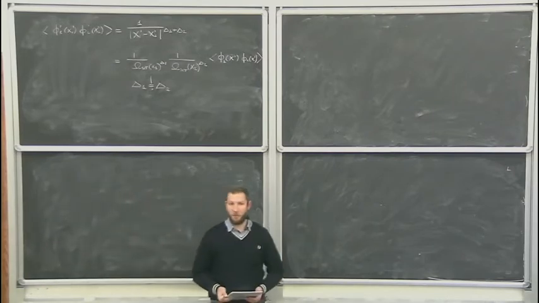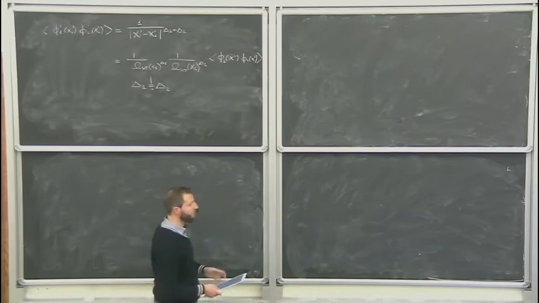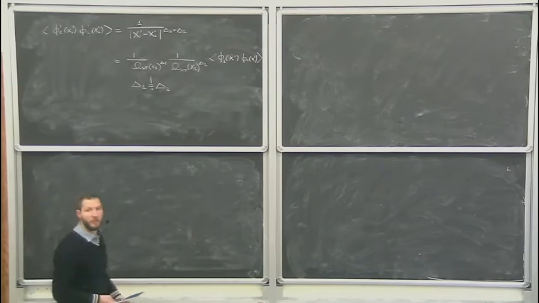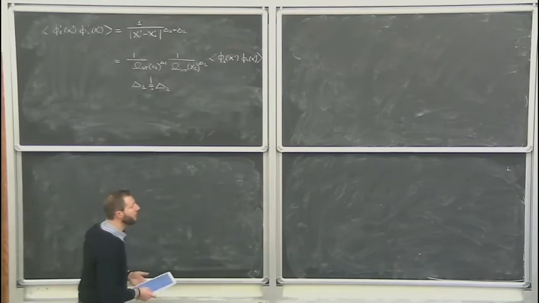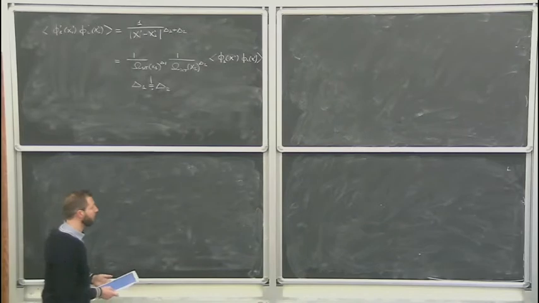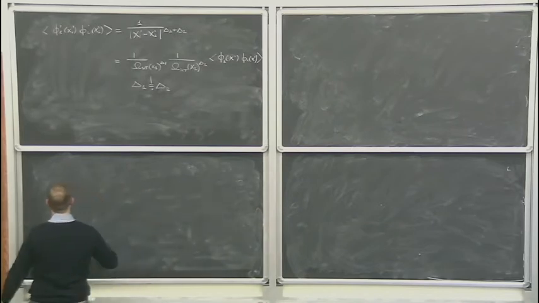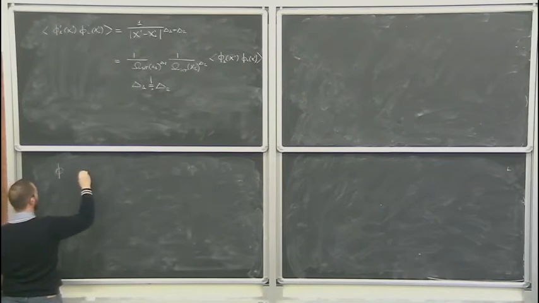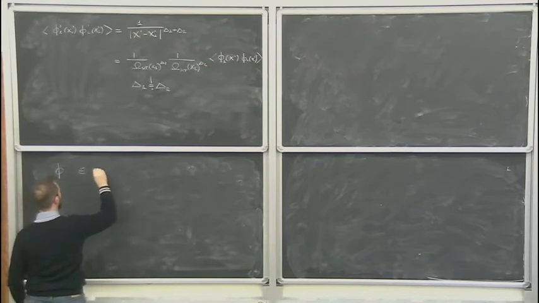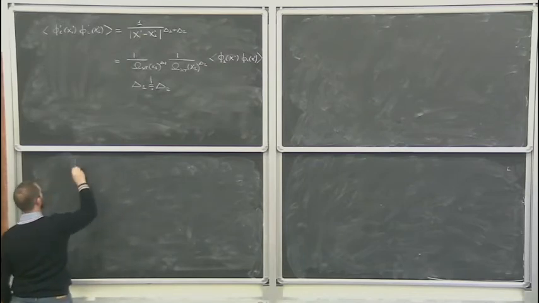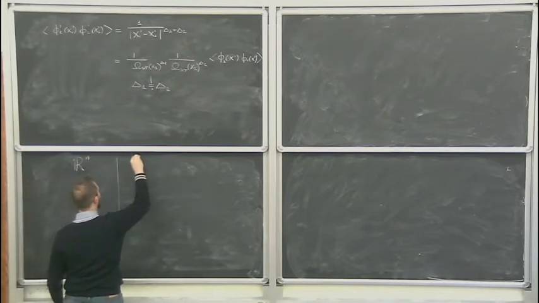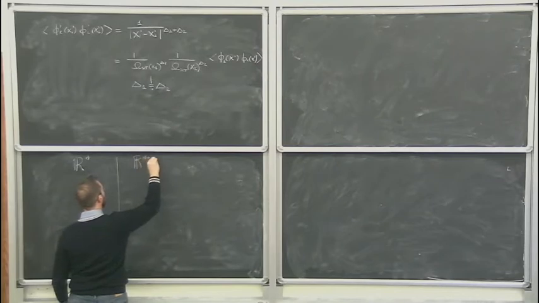So let's see a very simple application of this formalism. For instance, let's try to reproduce the formula that you obtain in D dimensions from the embedding formalism perspective. As I said, for scalar fields, if you have a scalar field in our original space, let's make a table here: R^D, and then R^{D+1,1}.